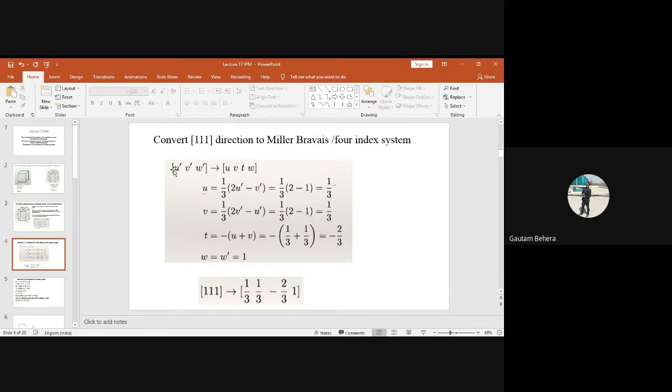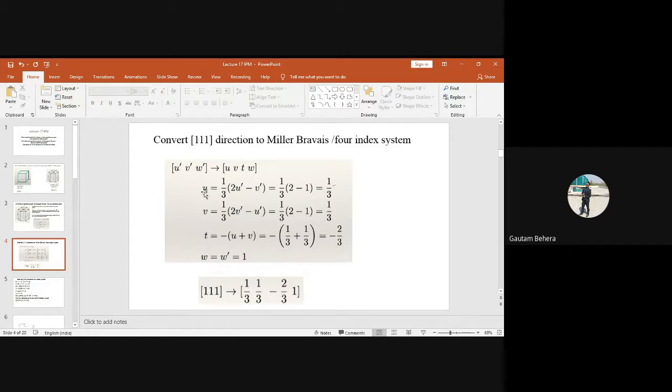U dash, V dash, W dash need to be converted into U, V, T, W. So here U dash is 1, V dash is 1, W dash is also 1. That needs to be converted into U, V, T, W, right? As I told, W is easy to convert. W is equal to W dash. So W dash is 1, so W is equal to 1 also. You can see W is equal to W dash is equal to 1. Very easy.